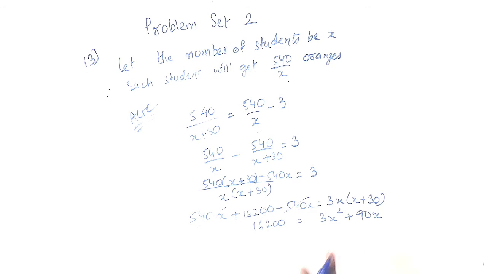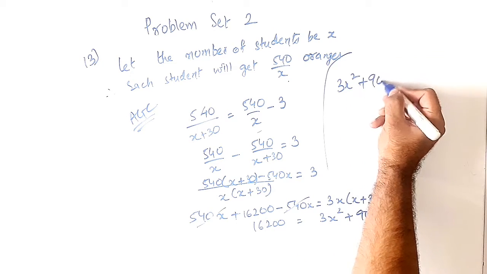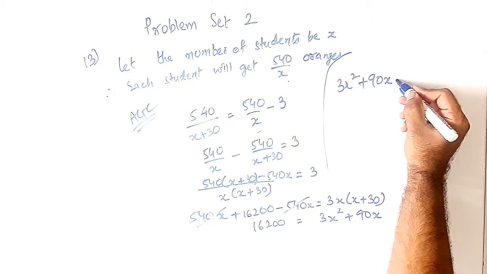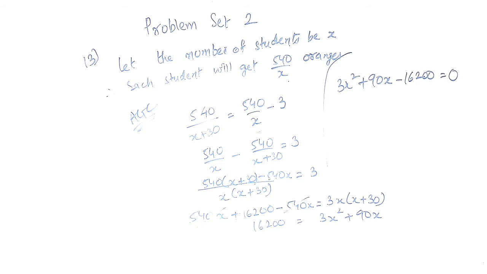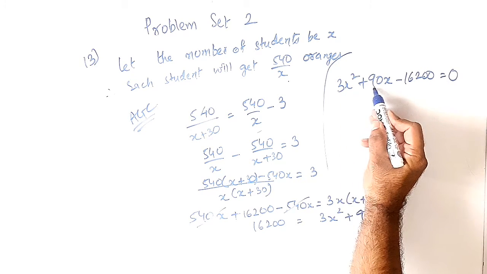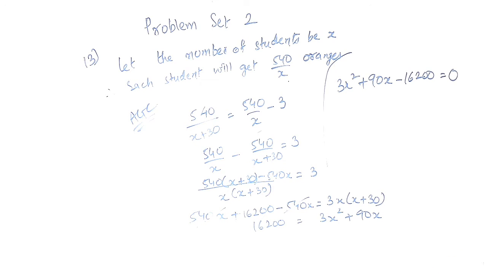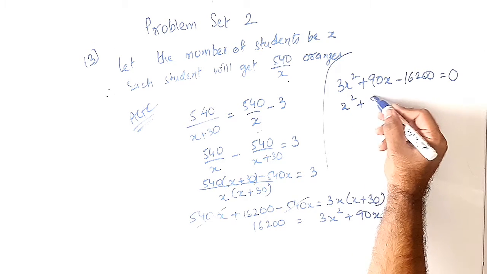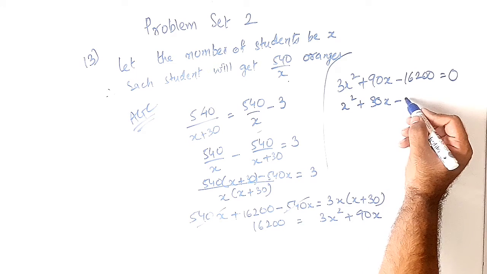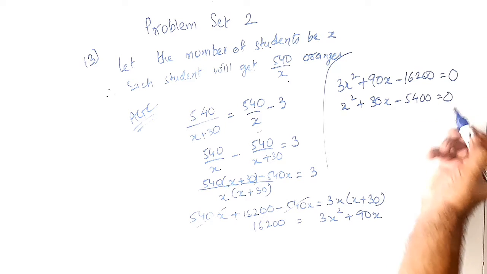Okay, now 3x square plus 90x, this will come here minus 16,200 equals to 0. 3 divisible by 3, this also is divisible by 3, so I'll just simply divide this by 3. So this will be x square plus 30x minus 5400.